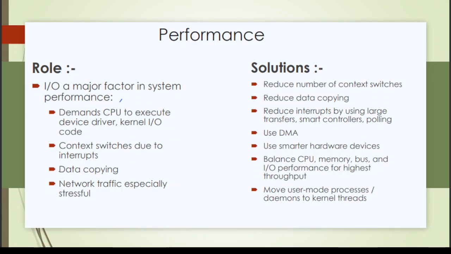We can also use DMA for transferring large blocks of data. We can use smarter hardware devices. We can balance CPU, memory, bus, and IO performance for highest throughput. Move user mode processes or daemons to kernel threads. We can reduce the interrupts by using large transfers, smart controllers, and polling methods.